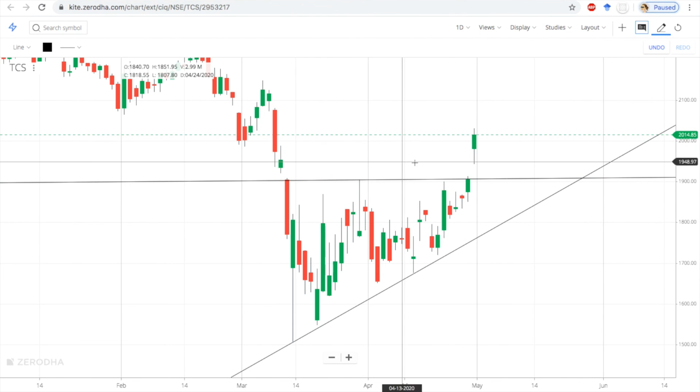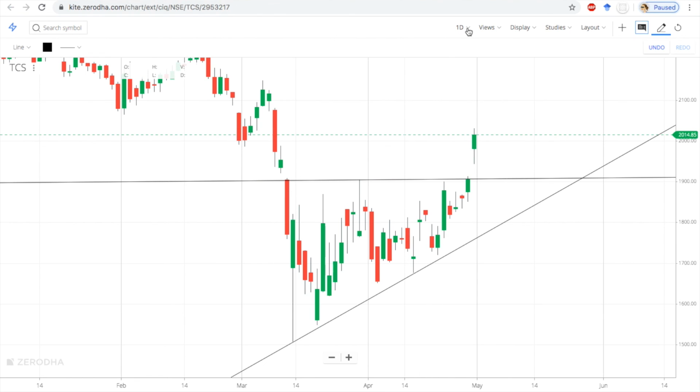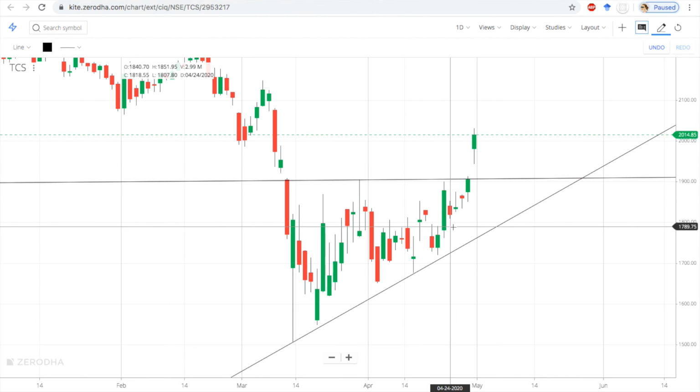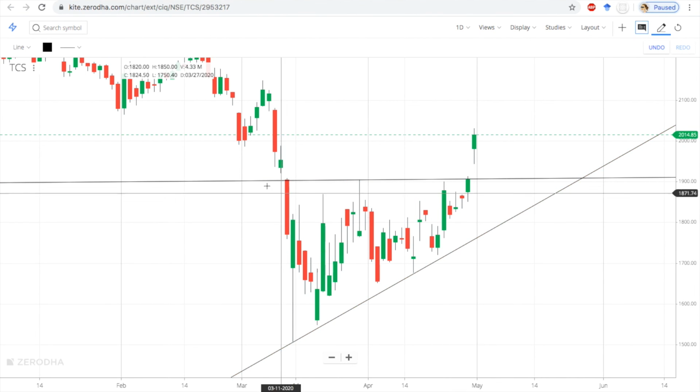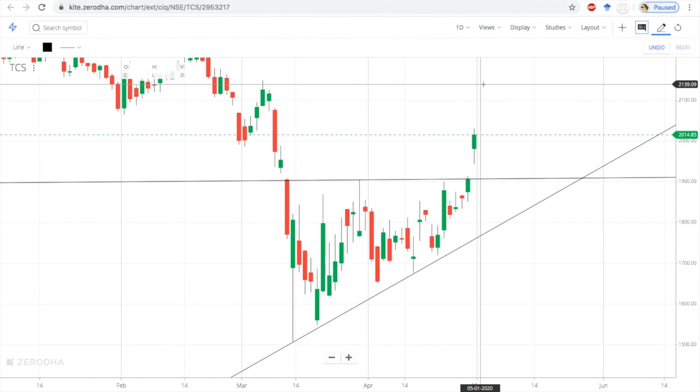You can trade according to your risk management and reward points. On any time frame, if you find it on a 15-minute chart, you can trade. Entry point is here, stop loss at the swing low. You know how to calculate the target, from the breakout point.